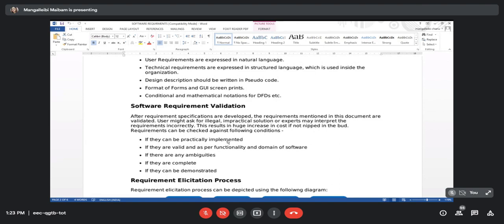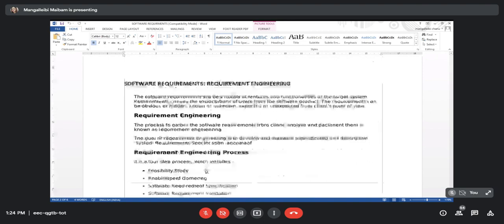And next condition is if they are complete, whether the software requirements you have gathered are fully complete, that we are going to check. And finally we are going to check if they can be demonstrated. So these are some of the requirement validation conditions to be checked after constructing our SRS document.